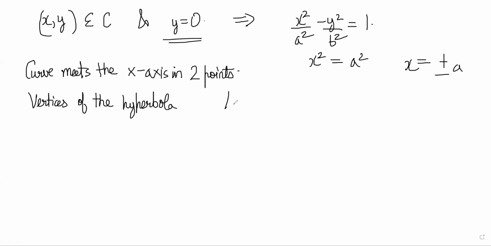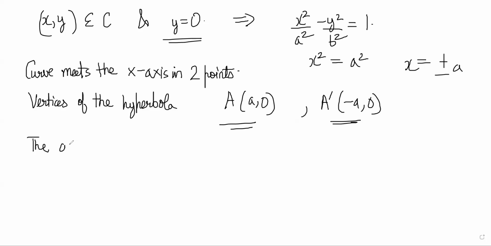Basically these are point A, which is (a, 0), and point A', which is (-a, 0). These 2 points are the vertices of the hyperbola. And the line joining A and A' is called the transverse axis of the hyperbola.